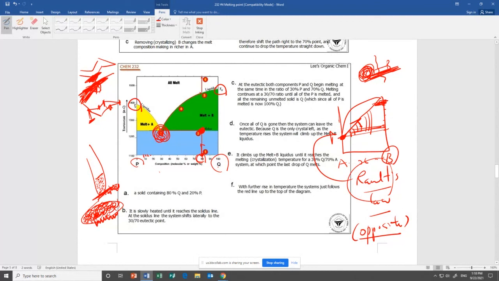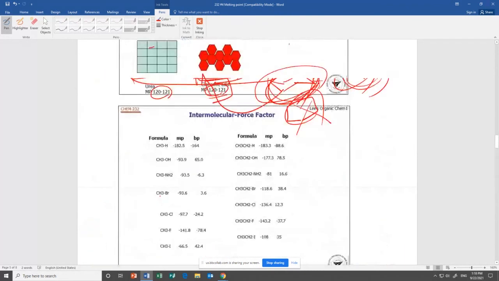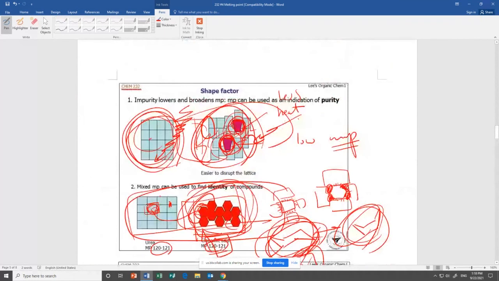Okay, that is this point. So once you melt away the impurity, what's left is pure stuff, right? Say you had hundreds of boxes and you only have two impurities, and the two of them melt with a couple other boxes.